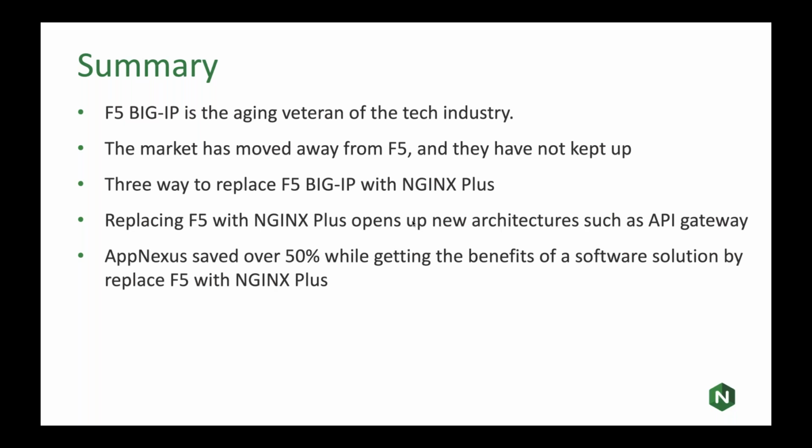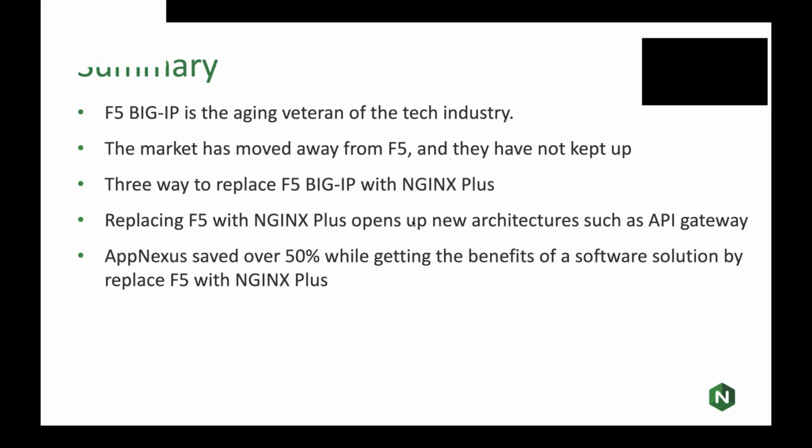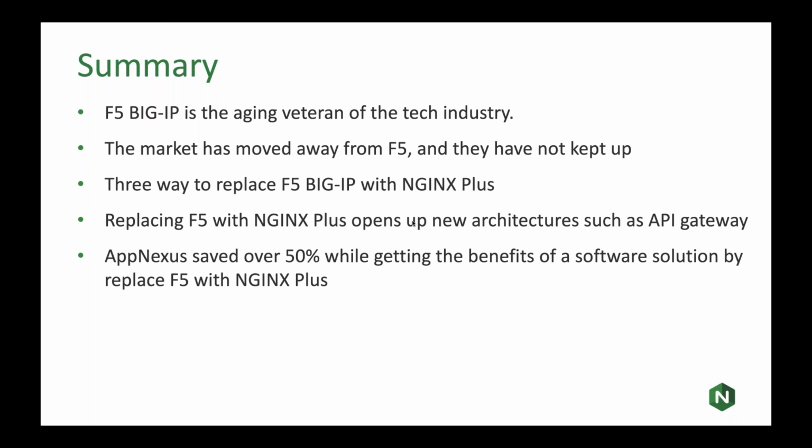Replacing F5 with NGINX Plus opens up new architecture capabilities such as microservices, and of course, an API gateway. And then our use case of AppNexus, who saved over 50% while getting the benefits of a software solution by replacing F5 with NGINX Plus.